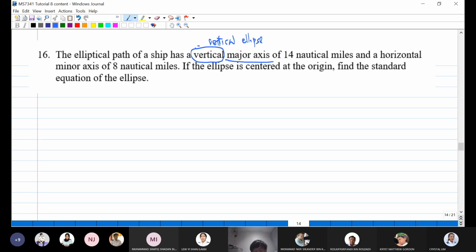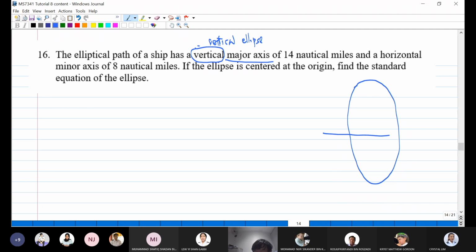So when you draw the picture, you must draw this way. The long one is vertical, so you draw the vertical ellipse.